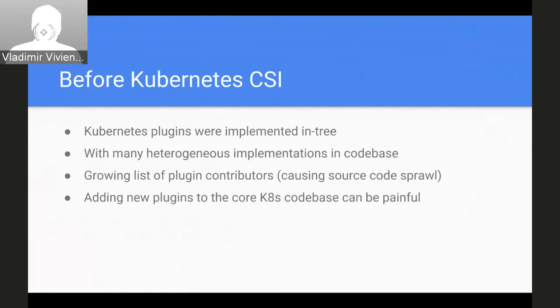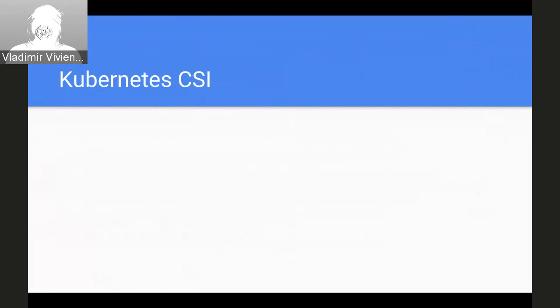Part of what drove CSI, besides the large and growing code base inside Kubernetes, is that implementing a storage plugin directly inside Kubernetes can be a painful endeavor, if you ever had a chance to go through that.